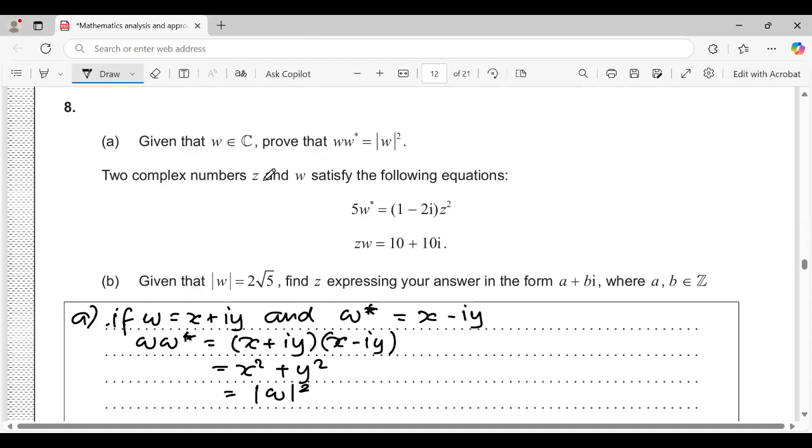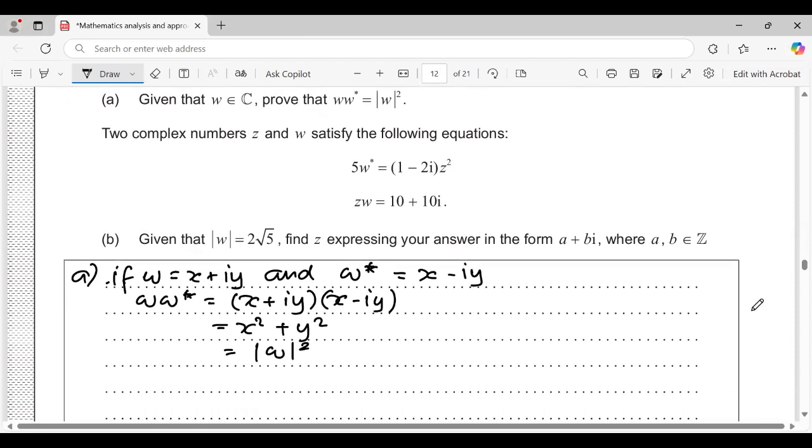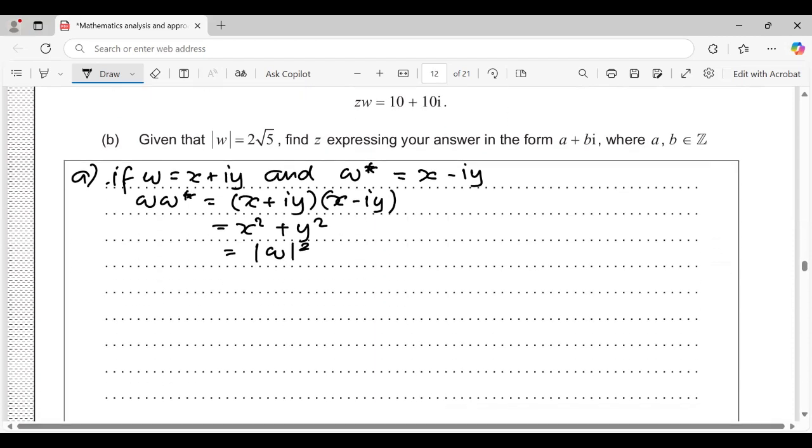Two complex numbers, Z and W, satisfy the following equations, the first equation and the second equation, given that modulus W is 2 square root 5. Find Z, expressing your answer in the form A plus BI, where A and B are integers. 5W conjugate equals 1 minus 2I Z squared.